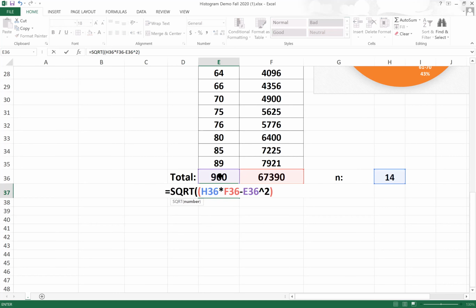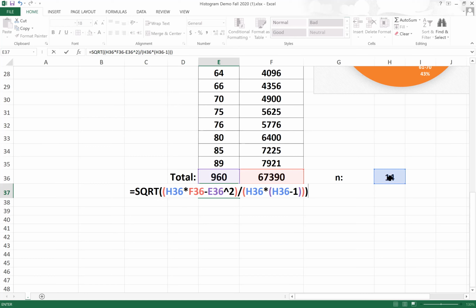The denominator is this times this one minus one. Now we close the denominator, and we also need to close the entire parentheses. This is the proper input for calculating the standard deviation.